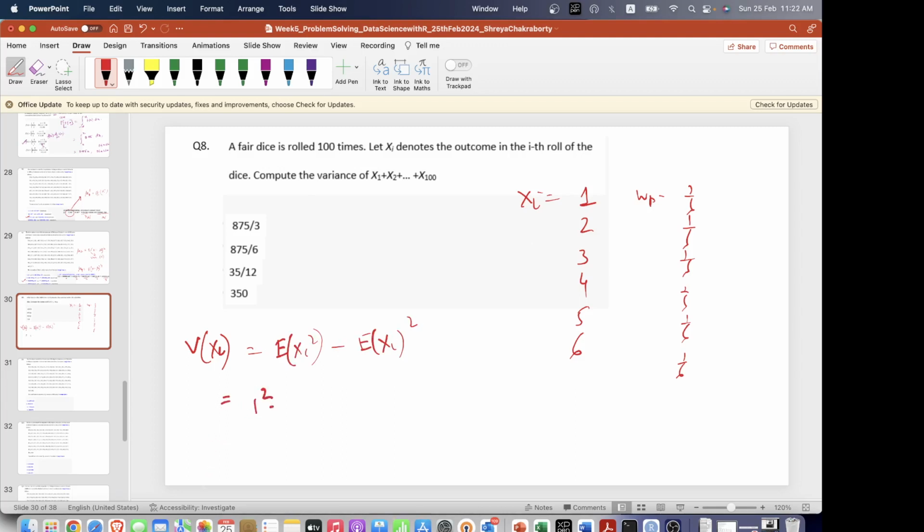So we could do 1 square into 1 by 6 plus 2 square into 1 by 6 plus up to 6 square into 1 by 6, minus of 1 into 1 by 6 plus 2 into 1 by 6 plus 3 into 1 by 6 plus up to 6 into 1 by 6, whole square. Alright. So how much does this come to? Just find out.